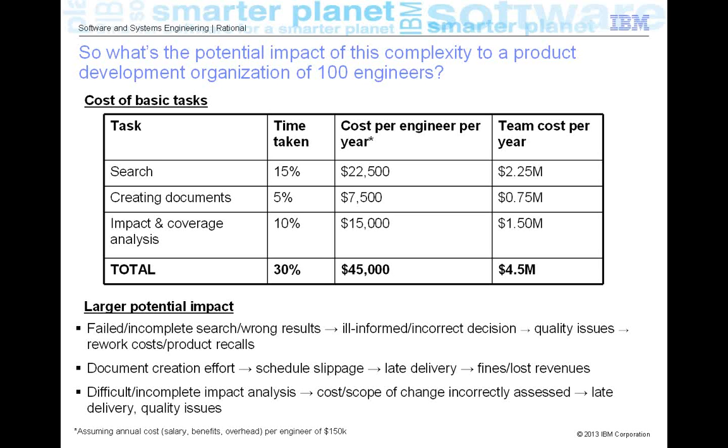So it's very important to stress that the impact here, even though it is being quantified, can be far greater than the quantified costs on the slide. Actually, missed information in searching impacts a lot. For example, we need to change some properties of a number of requirements for response time of various system functions.